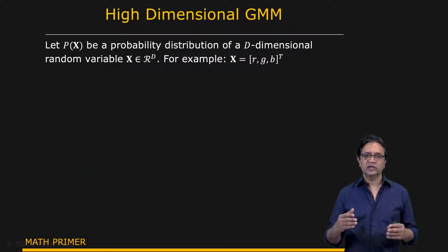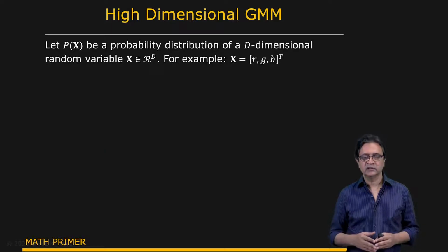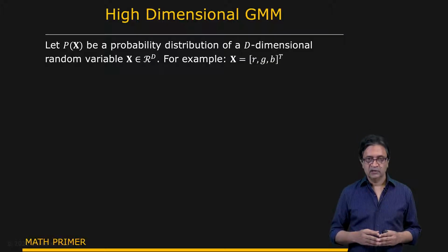Okay, now this can be taken to higher dimensions quite easily. Let's say that we had not just brightness or intensity, we actually wanted to represent these pixel variations in color space. So that would be R, G, and B right here.